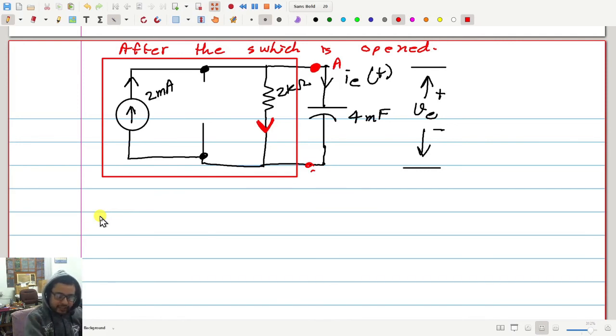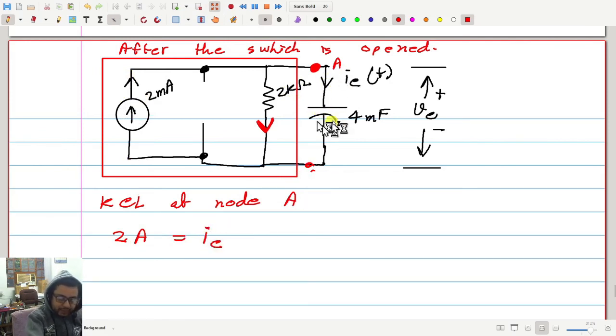For that, KCL at node A, what can I write? 2 ampere. This 2 ampere current must be equal to the current IC, which goes through the capacitor, plus the current that goes through the resistance. How much current goes through the resistance?